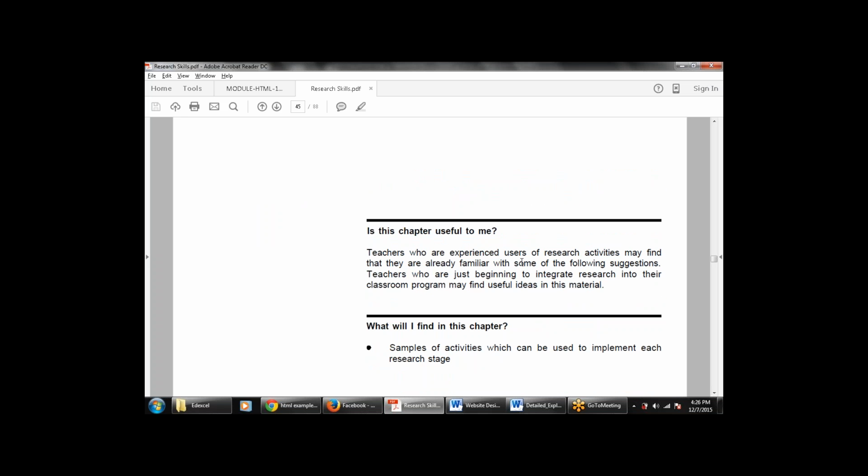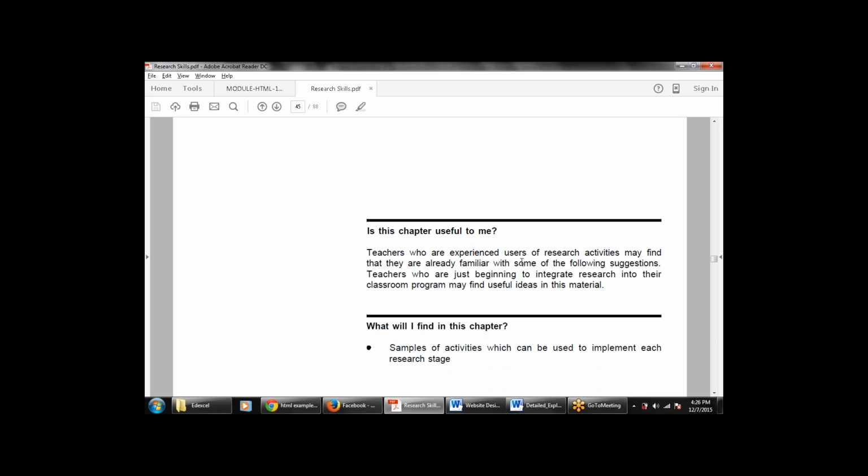Is this chapter useful to me? That is the first topic I have to discuss. Experienced teachers may find they are already familiar with some of the following suggestions, so they may feel this chapter is boring because it contains topics they know well.